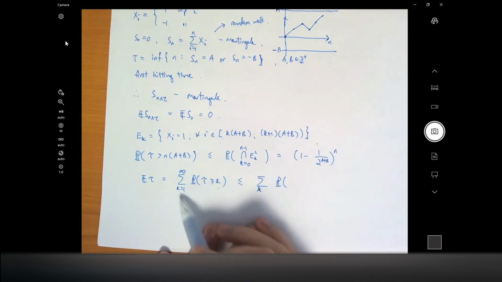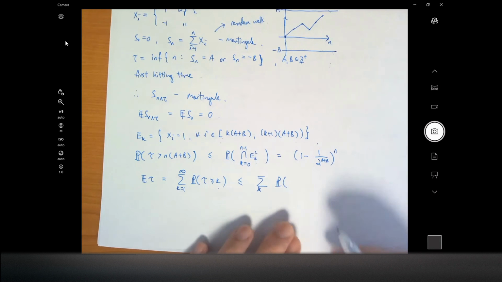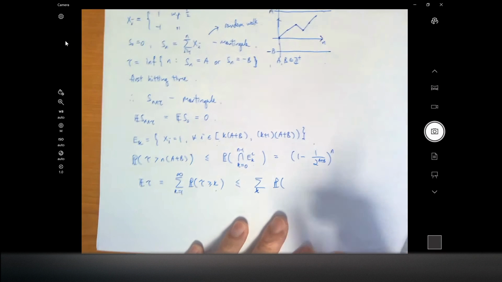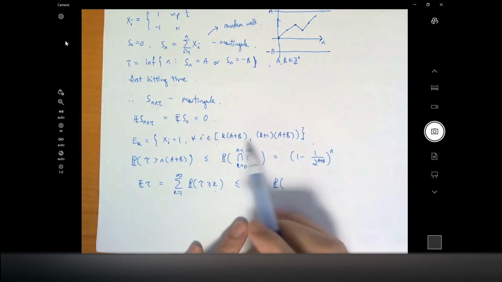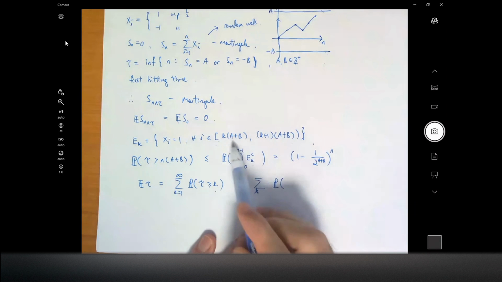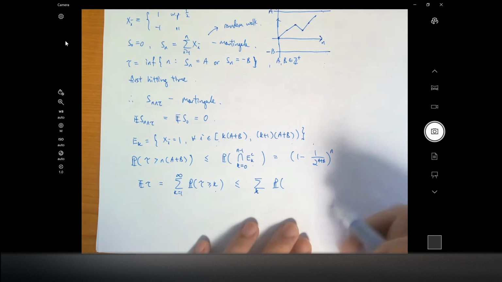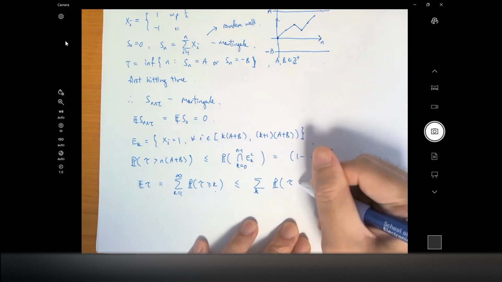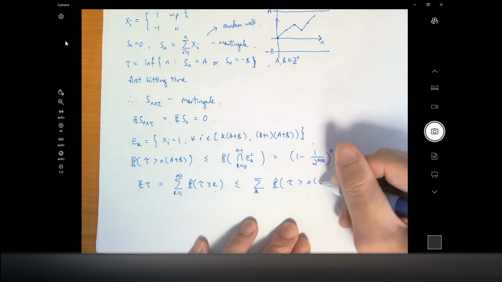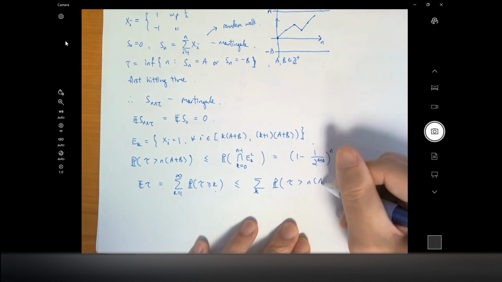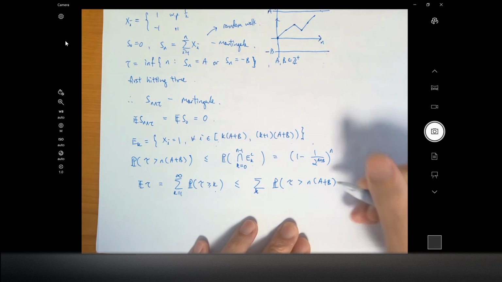So if I take the sum over all these k's, I can decompose it into these intervals. Since I'm looking at tau bigger than k, I will just take the endpoint, so this probability will be smaller than the probability that tau is bigger than the endpoint, n times (A+B).